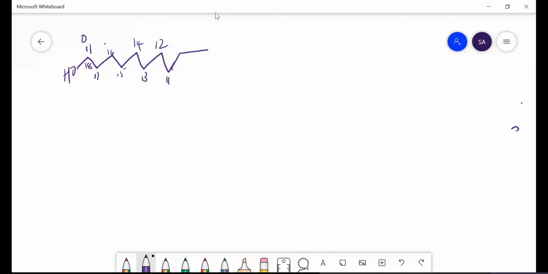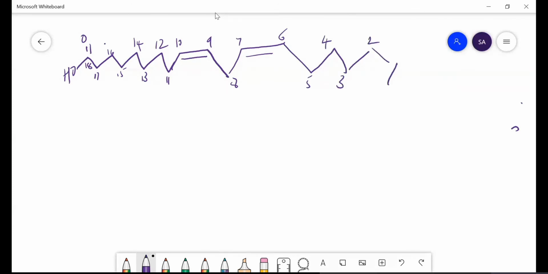At the 10th position you have a double bond. Then again between the 7th and 6th there is one double bond, and then we have this 5, 3, and 2. So you have an 18 carbon atom chain, and there are 2 double bonds.